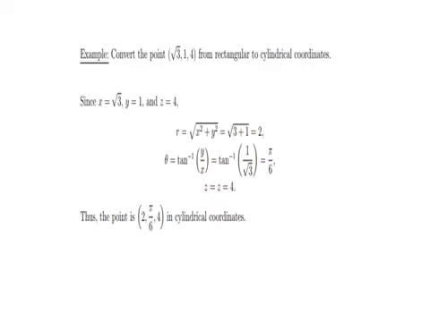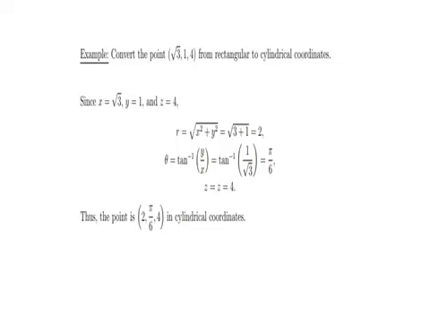We have another example in which the point is in a rectangular coordinate system and we need to transform it into the cylindrical coordinate system. Here x equals square root 3, y equals 1, and z equals 4. Therefore, r equals square root of x square plus y square, that gives r equals 2.